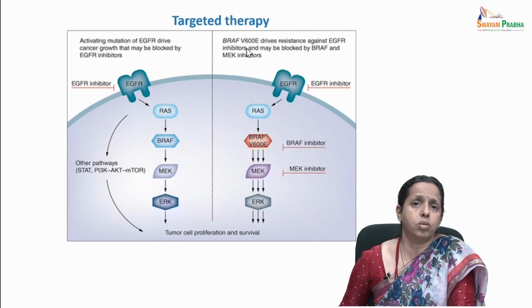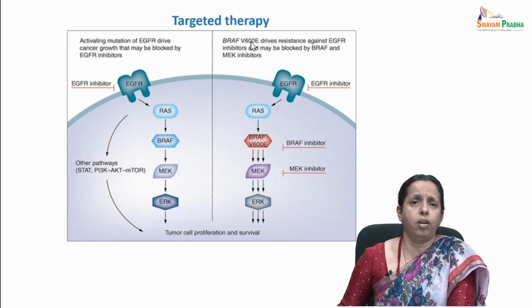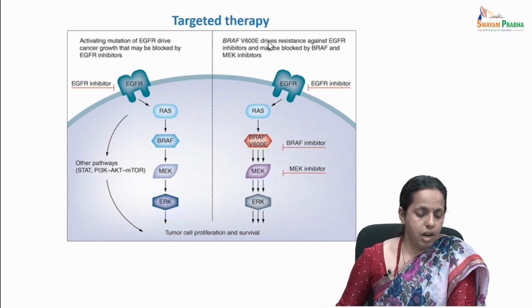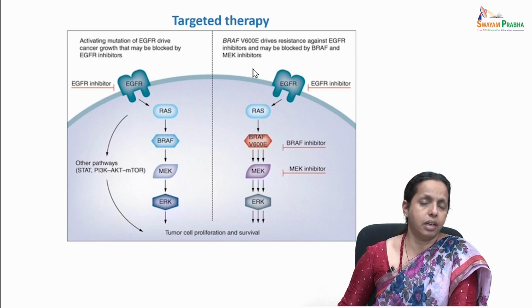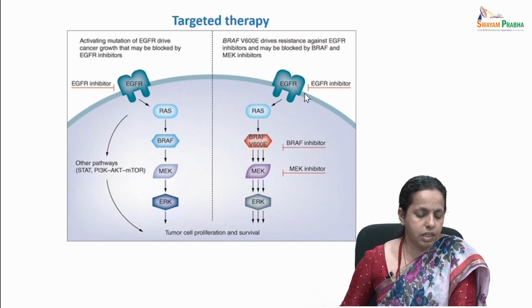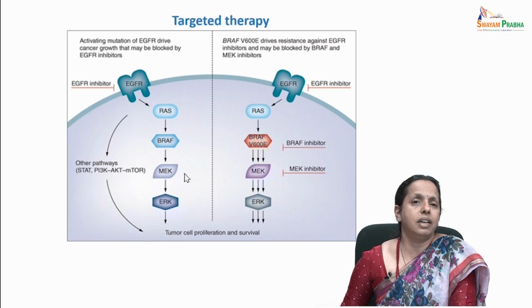Even here, you have a mutation in BRAF, mostly for thyroid. V600E drives resistance against EGFR inhibitors and may be blocked by BRAF and MEK inhibitors, such as vemurafenib. Here, this is an EGFR inhibitor, which will have the downstream sites of RAS, and then the BRAF inhibitors and the MEK inhibitors. This is again a complete example of targeted therapy.